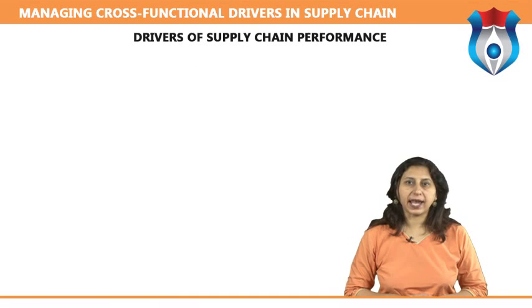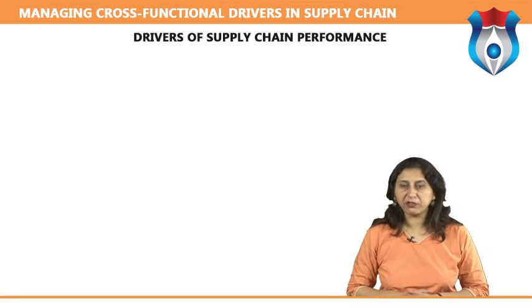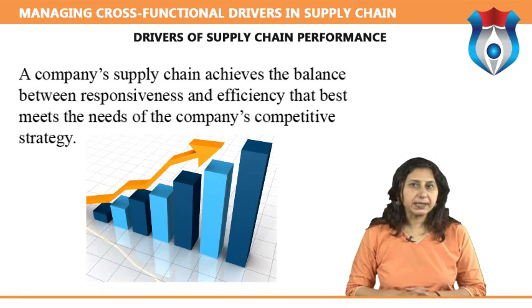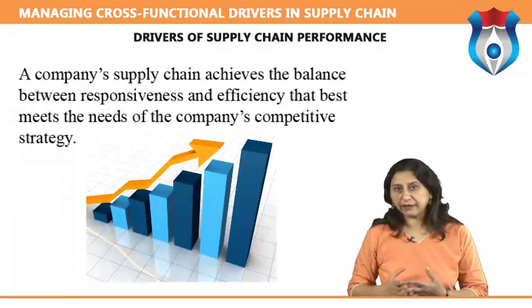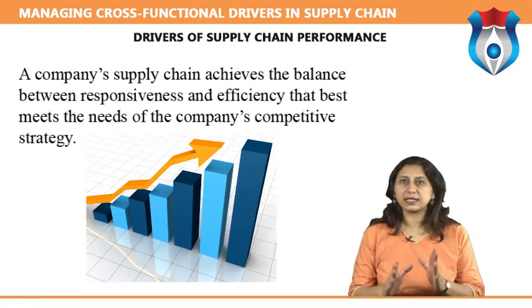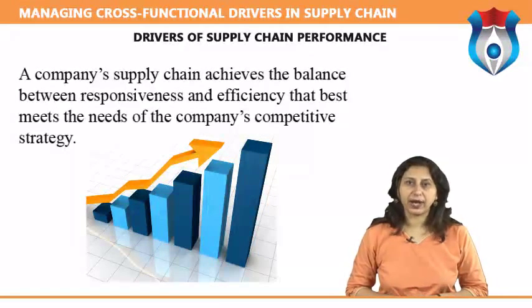Let us now understand the drivers of supply chain performance. A company's supply chain achieves the balance between responsiveness and efficiency that best meets the needs of the company's competitive strategy.